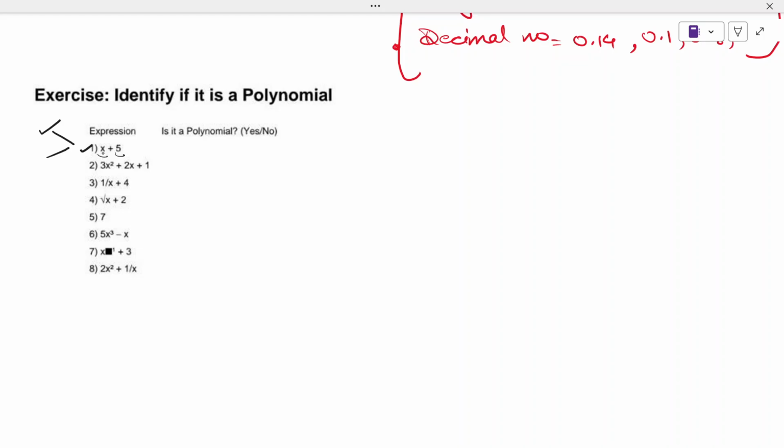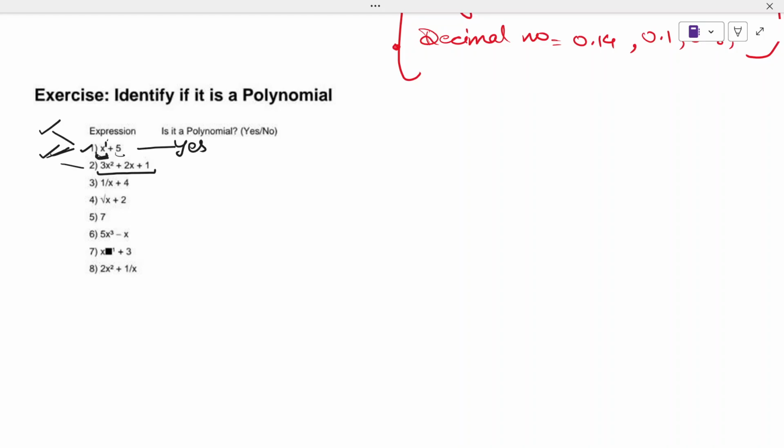Now the second: this is a variable x, and the variable power should be a whole number. Here the power of x is 1. Is 1 a whole number? Yes, 1 is a whole number. So both conditions are followed for this expression. So it's a polynomial.